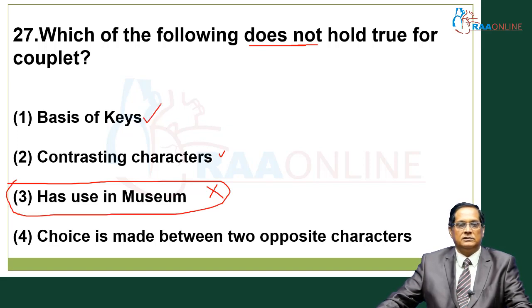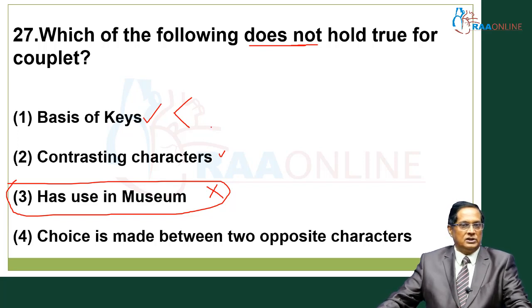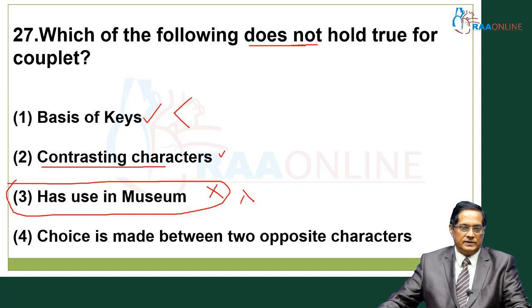Couplet is a pair of contrasting traits which are used for the identification. For example, in mango leaf, the venation is either parallel or reticulate. All these are correct except this one.